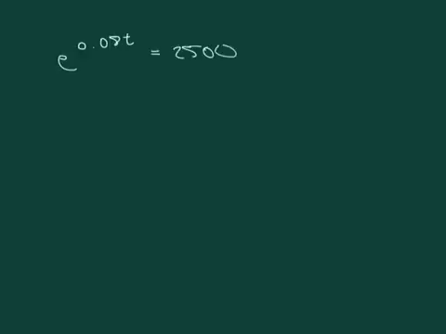It makes it easier if we're going to have an e on there. We're going to use a natural logarithm, an ln. So let's look and see what we've got here.